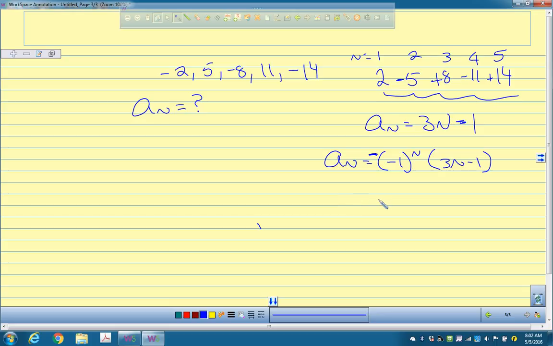Better yet, you want to do negative 1 to the n plus 1, like that. Because if I plug in 1 in here, I get out 2, and negative 1 to the second power is a positive number, right? So if I want to start with a positive sign, I have to do n plus 1. If I want to start with a negative sign, I just put the n right there.